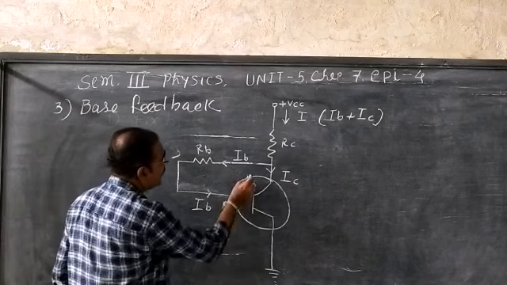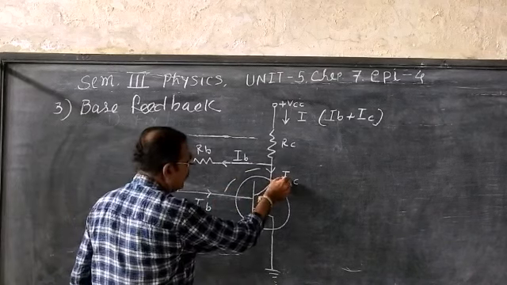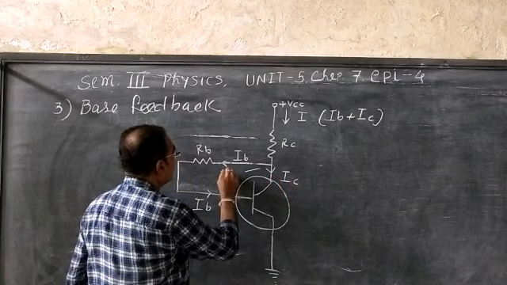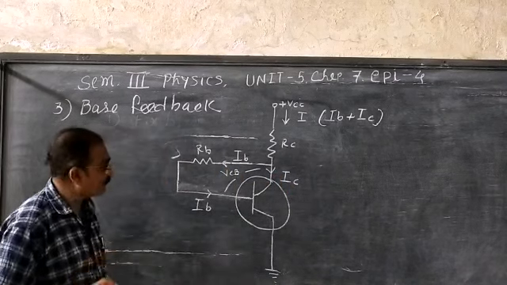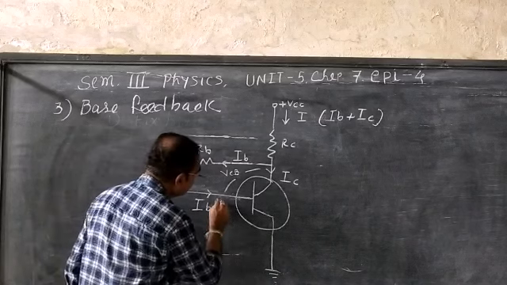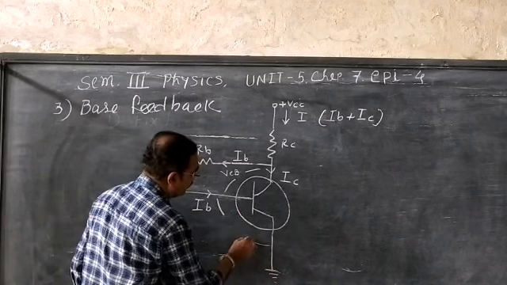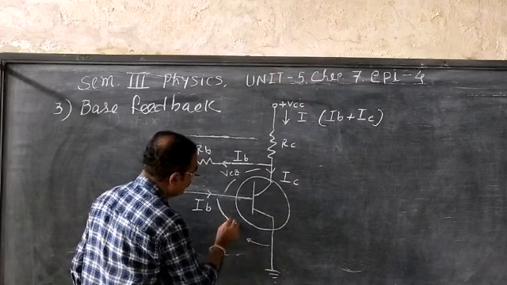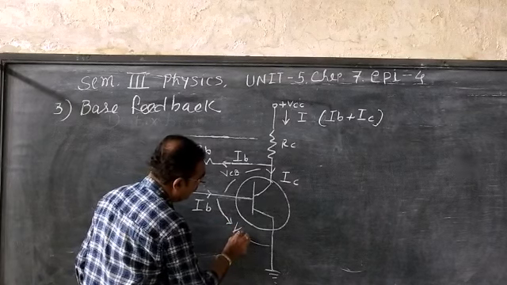Then here is a voltage. This is the collector terminal and base terminal. That is known as VCB, the junction voltage drop. And between the base and emitter terminals is the source voltage drop, VBE.